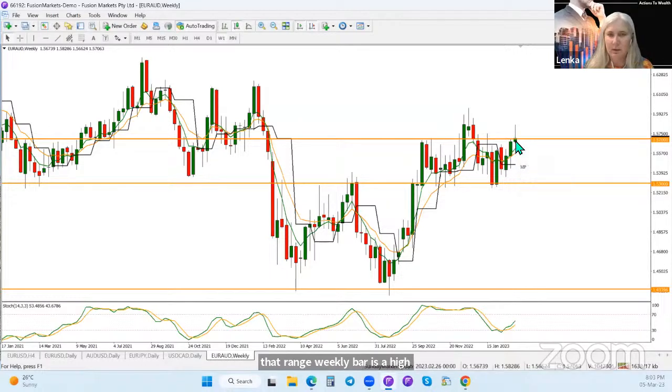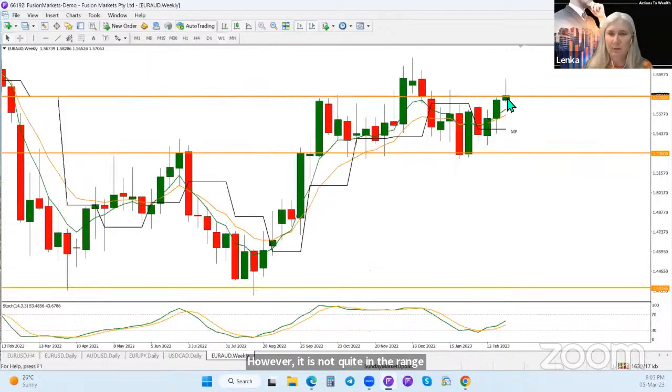However, it is not quite in the range yet, but that's okay. We will wait for confirmation. So what I will be looking for is some more price action within that range at the top to then look for a short opportunity.